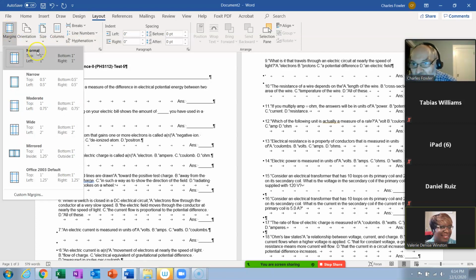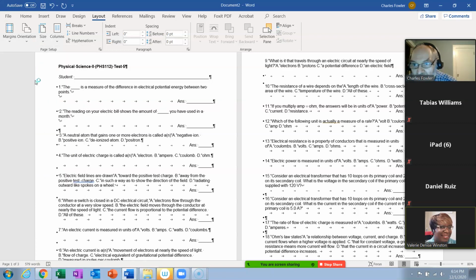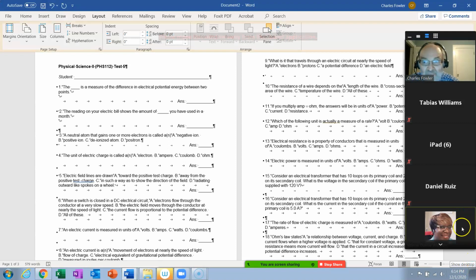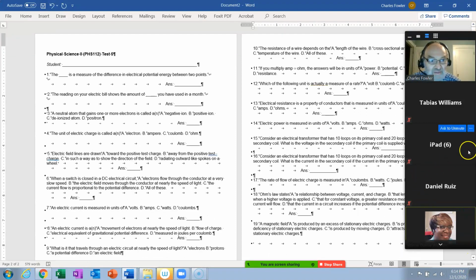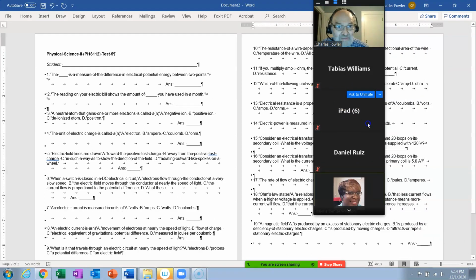Okay. Let's do top. You can do 0.5 right there. Narrow. Let's see if that did anything. Didn't look like it. I've got to get y'all out of the way again. It did.